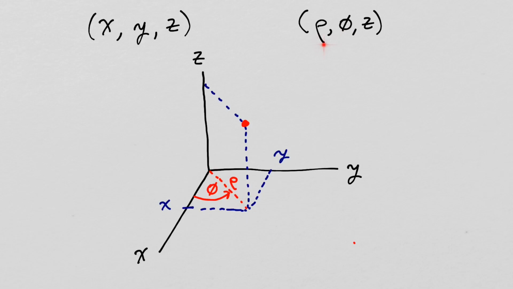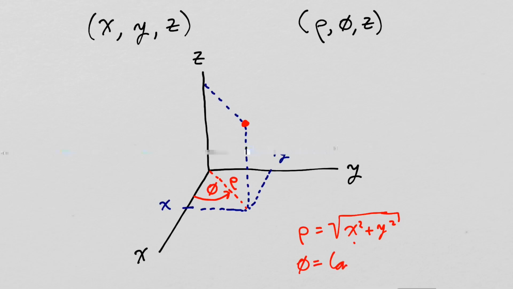So looking at this right triangle, we see that rho is equal to the square root of x squared plus y squared, and phi is the inverse tangent of y over x. And of course, z is the same in the two systems.